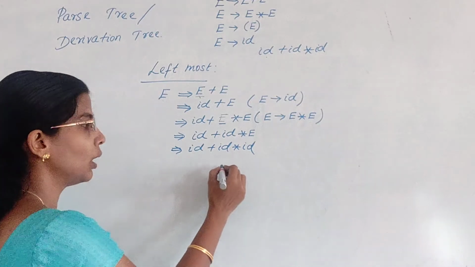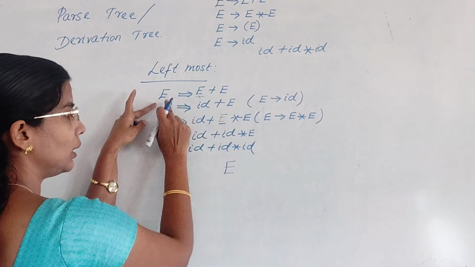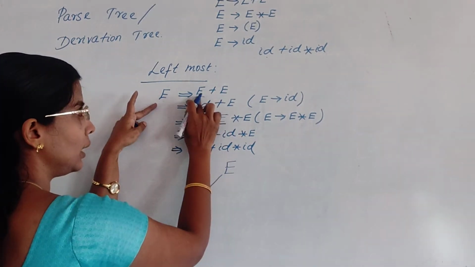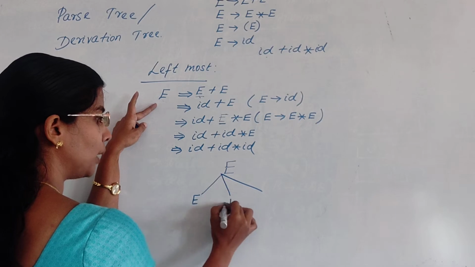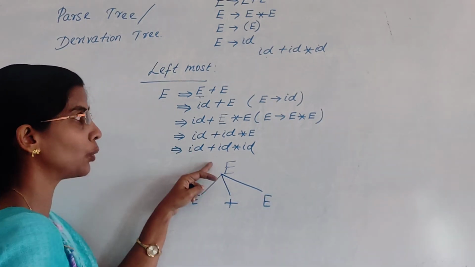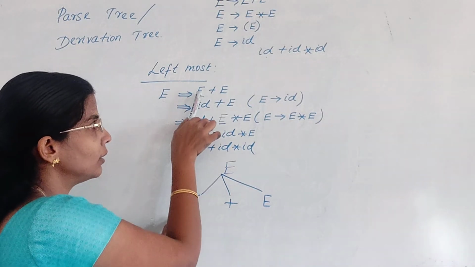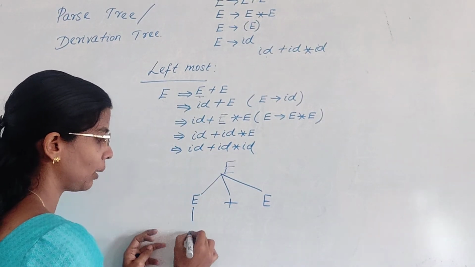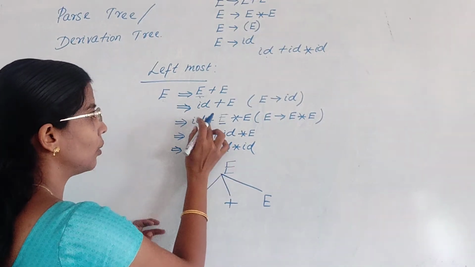Hope it is visible. So take the complete one, E tends to E plus E. Your root should be your start symbol. Then this leftmost E I am replacing. Next, what did I do?